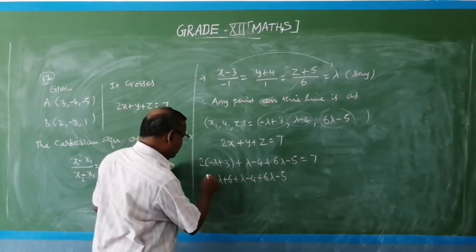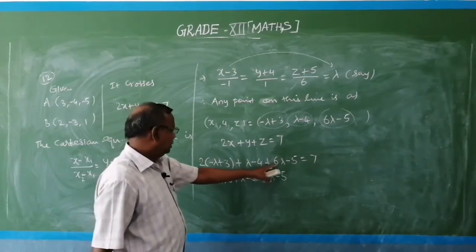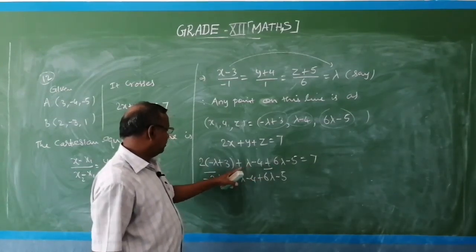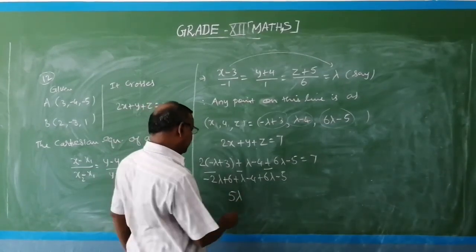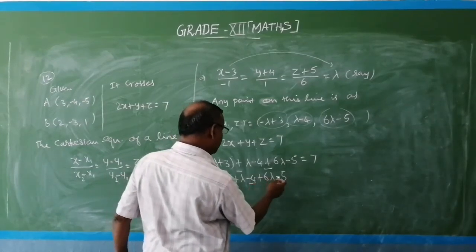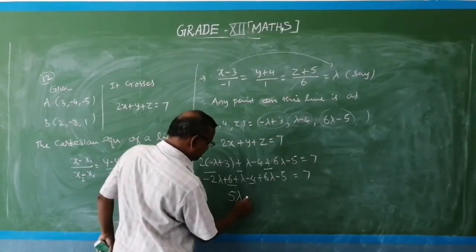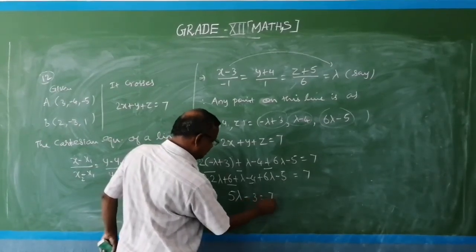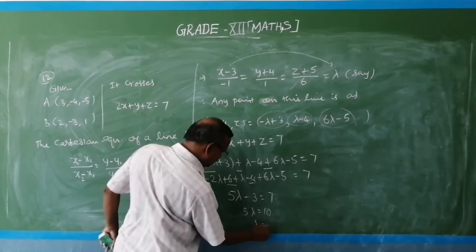Minus 2 lambda, lambda, 6 lambda: 6 lambda plus lambda is 7 lambda, 7 lambda minus 2 lambda means 5 lambda, and 6 minus 4 is 2, 2 minus 5 is minus 3, equal to 7. 5 lambda equal to 10. So lambda equal to 2.